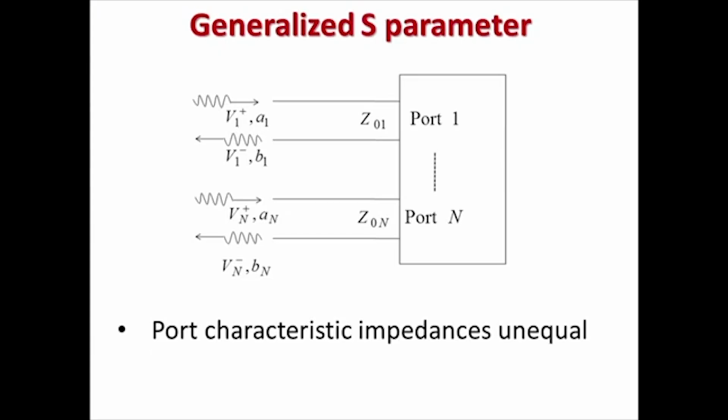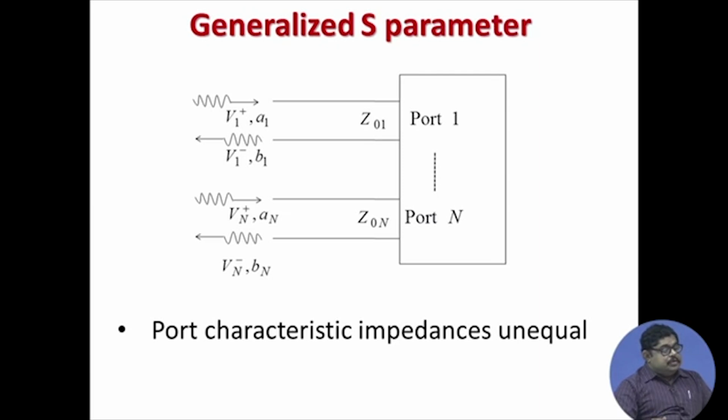Though there may be a single port there, we say electrically it is equivalent to 5 different ports, and each mode may have a different port impedance. So, this is how to write the generalized S parameter when the various ports have various impedances: Z naught 1, Z naught 2, Z naught 3, etc. So, the port characteristic impedances are unequal.